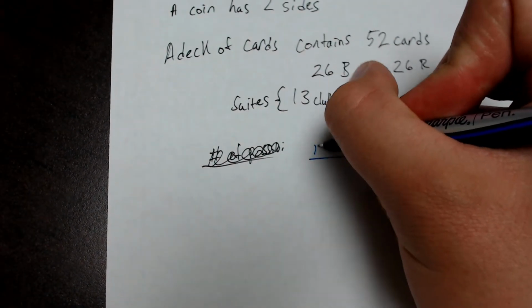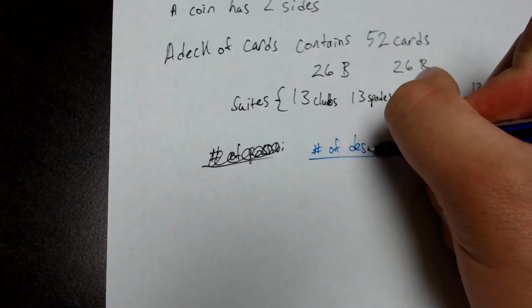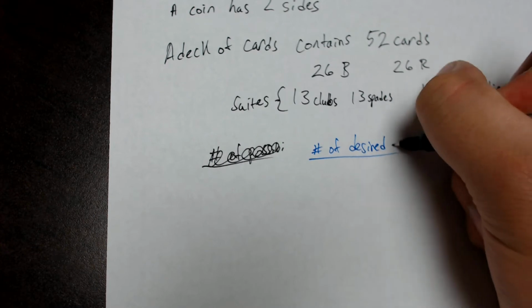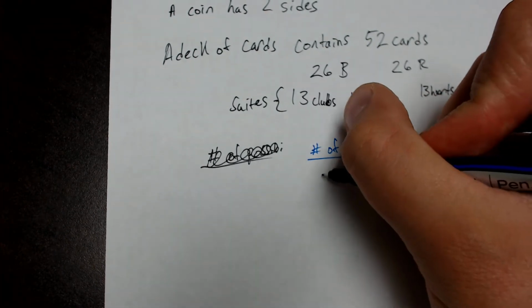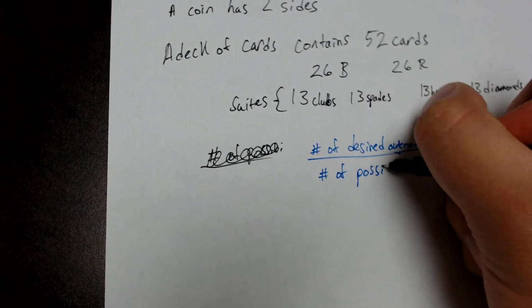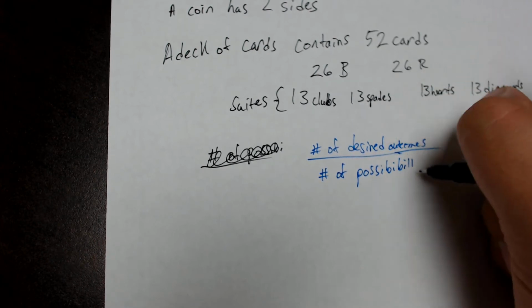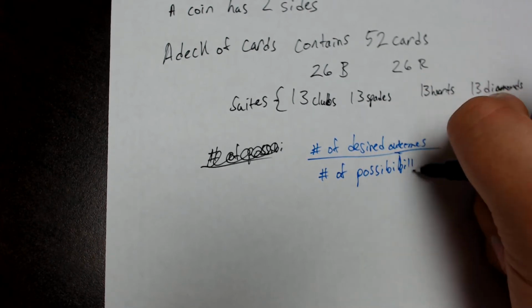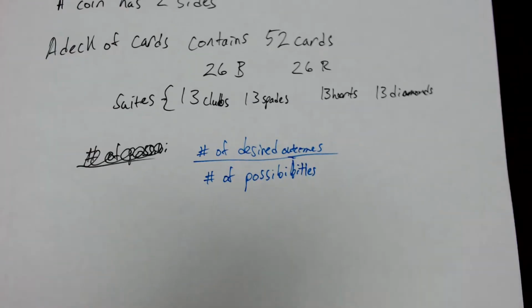Sorry, it's this fraction: number of desired outcomes over the number of possibilities. I forget how to spell possibilities. Ignore my spelling. I don't teach English.